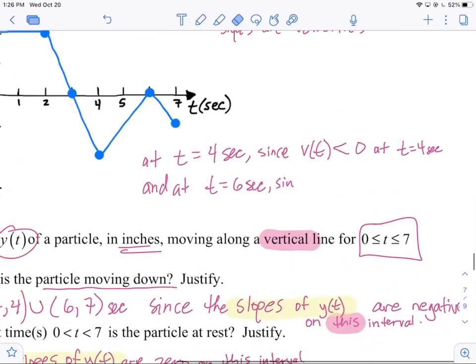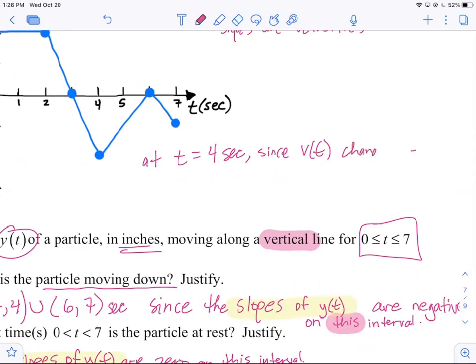At t equals 4 seconds, since v of t, my bad, we need to talk about how the sign changes. Since v of t changes from negative to positive at t equals 4 seconds.